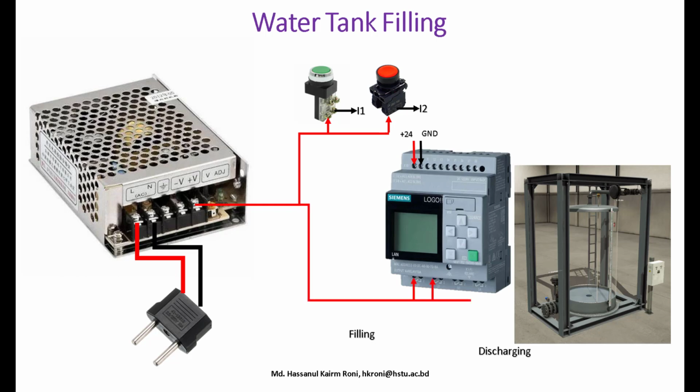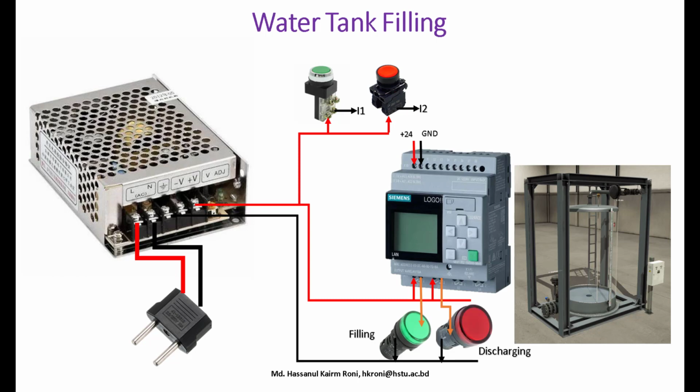Then we'll bring in 24 volt and connect it to the two relays' input port, and a green light that will show the filling operation here will be connected to the other port of Q1 and back to the ground. Similarly, we will use another indicator light to indicate the discharging.